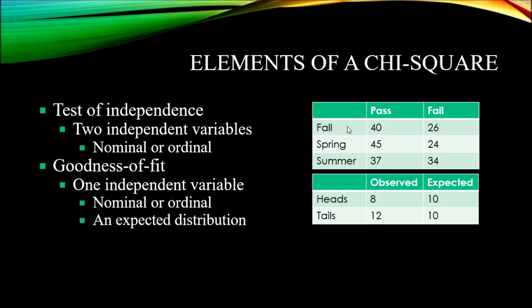Consider that you have some sort of specialized counseling training program, and you have different instructors teaching this program, and you have a fall, a spring, and a summer set of instruction.